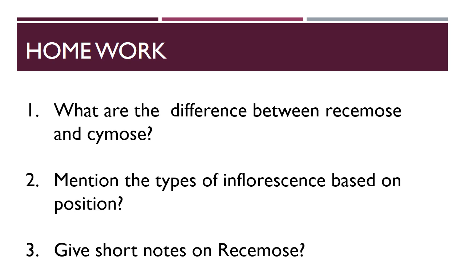In racemose, usually the oldest flower is at the base of the inflorescence axis. In cymose, the oldest flower is at the top of the inflorescence axis. This is the major difference between racemose and cymose.